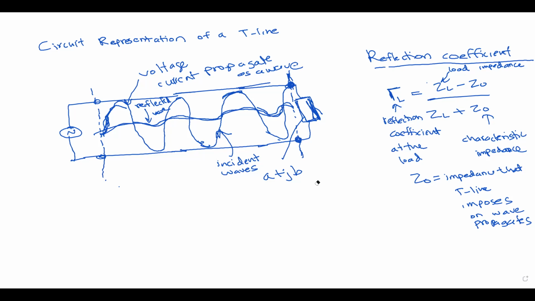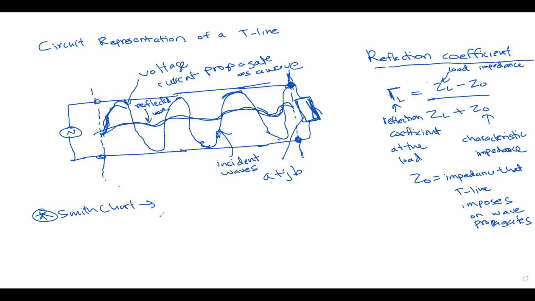So finding the reflection coefficient is important in that case. And we can use tools like, as I said before, the Smith chart to match the impedance of the load to the transmission line.